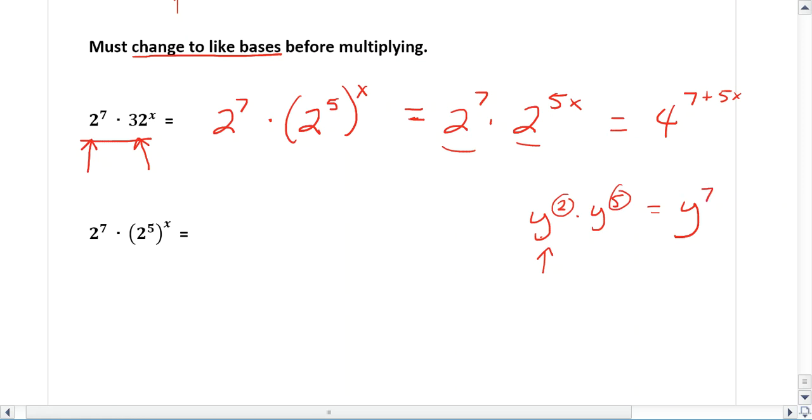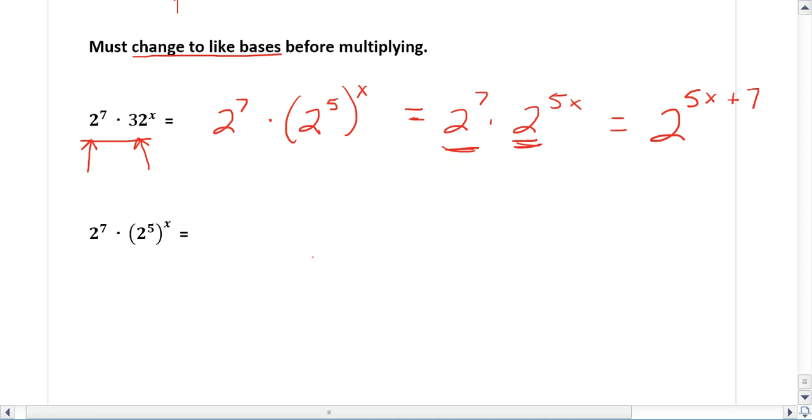So when we're up here doing this problem, don't multiply 2 times 2 and get 4. This is just the base, and the base does not change. The base has always remained the same in every algebra problem you've ever done since pre-algebra. With like bases, we learned that we added exponents, so I'm just going to write this in standard form and put 5x plus 7, and that is the simplified answer.